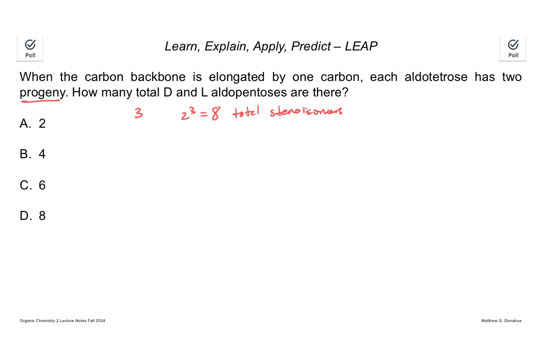If we take 8 and divide by 2, we get 4. And so that means there are 4 of the D configuration and then 4 of the L configuration. So 8 total, and then 4 plus 4 based on that penultimate configuration.